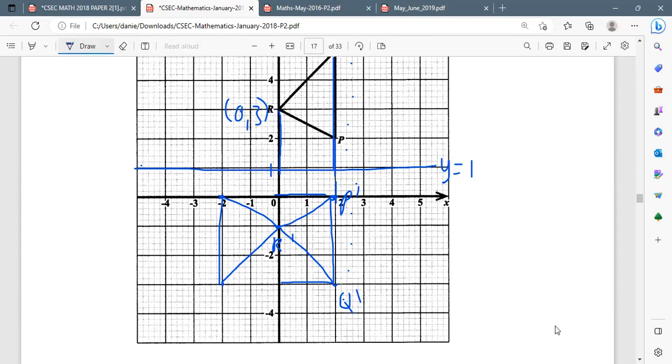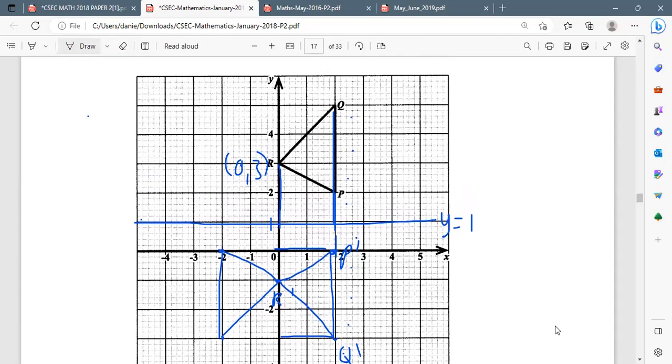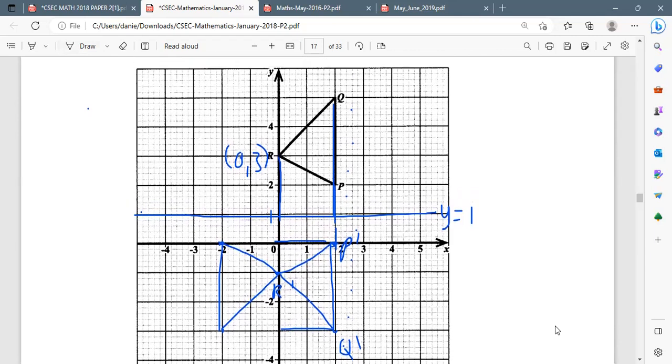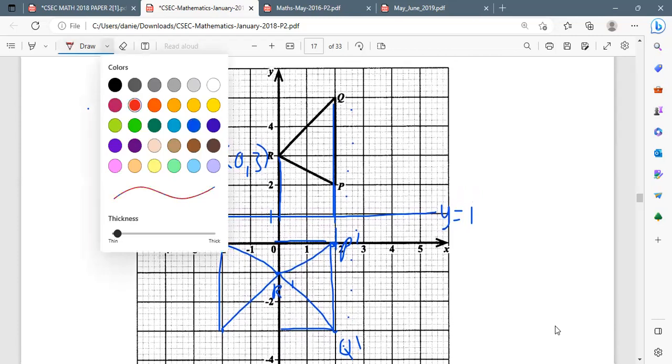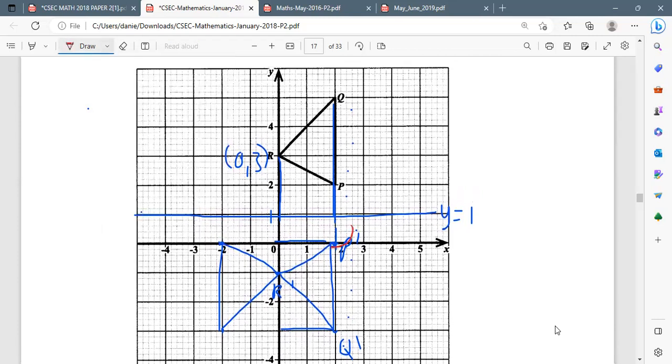So if I pick P, each point has a different path. So let's go, P prime to P. P went 1, 2, 3 spaces up. See, now 3 spaces up. So it went 1, 2. So P prime to P went 2 up.